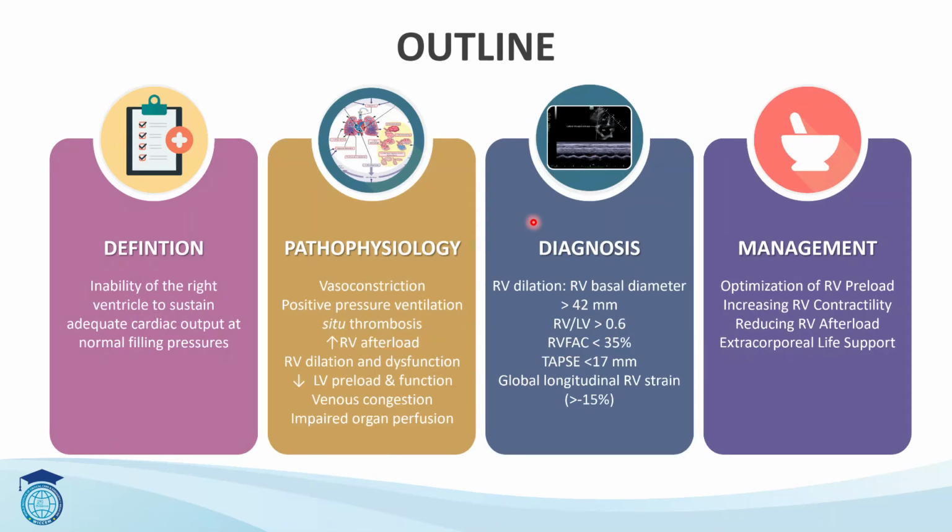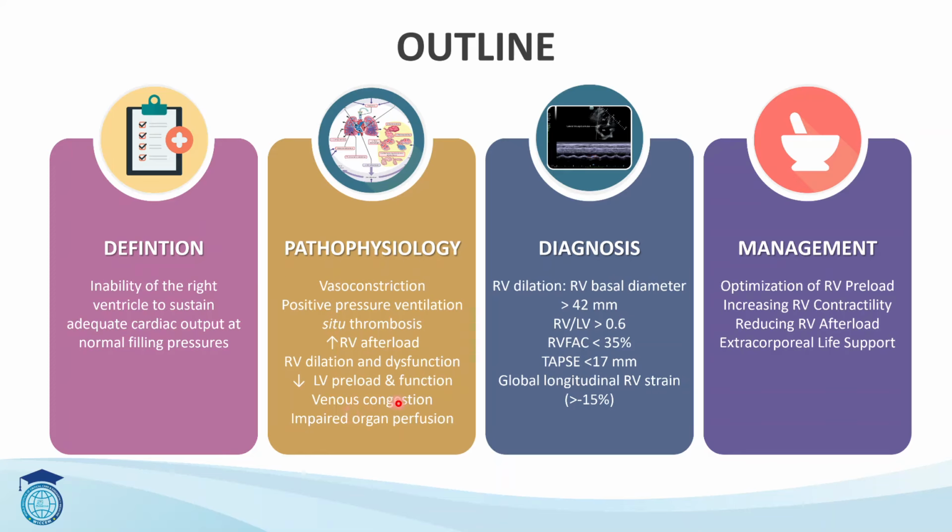With this, we come to the conclusion that we defined RV dysfunction as the inability of the right ventricle to sustain adequate cardiac output at normal filling pressures. We understand the pathophysiology as mainly vasoconstriction, positive pressure ventilation, and in situ thrombosis that will lead to increased RV afterload, and that will lead to RV dilation and dysfunction.